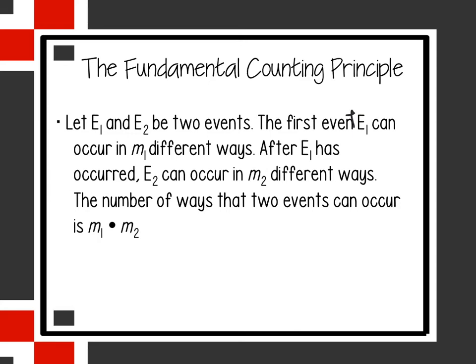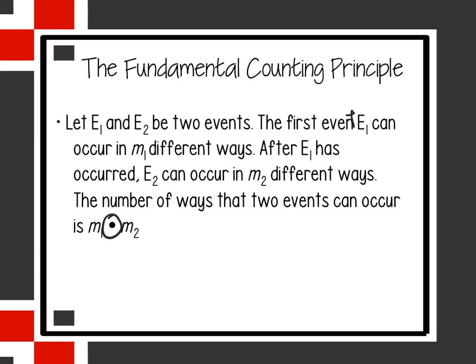After E1 has occurred, E2 can occur M2 different ways. The number of ways the 2 events can occur is the number of ways from the first one times the number of ways from the second one.